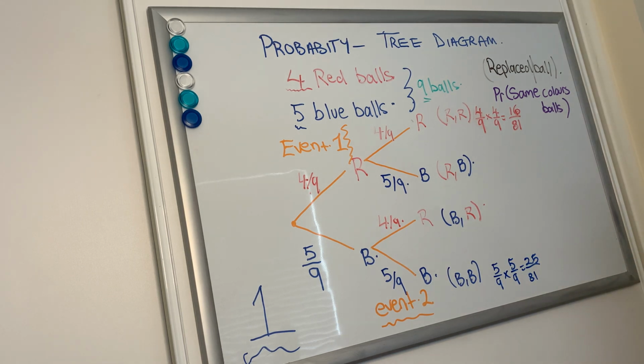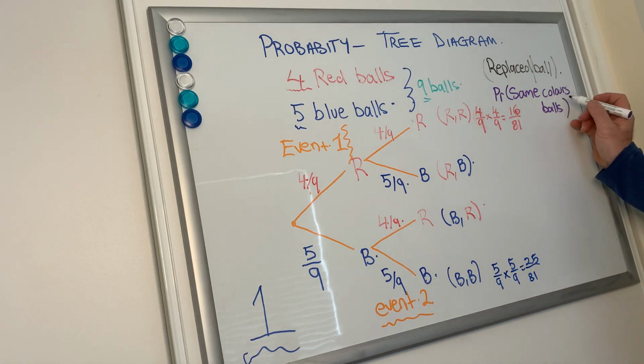25 over 81. But the question is asking for the probability of the same colours.